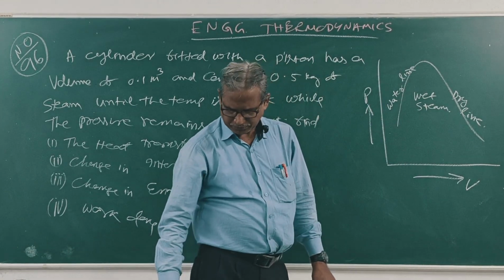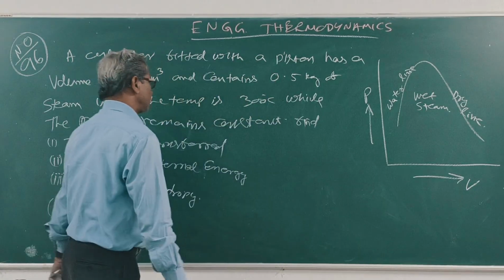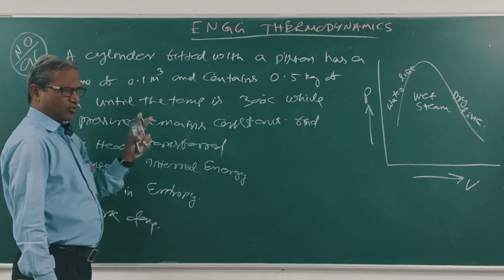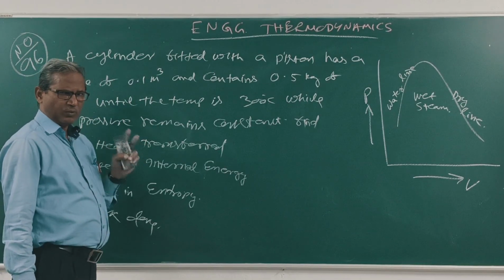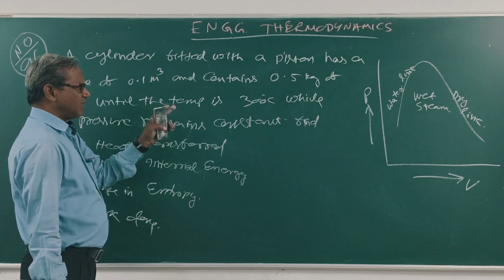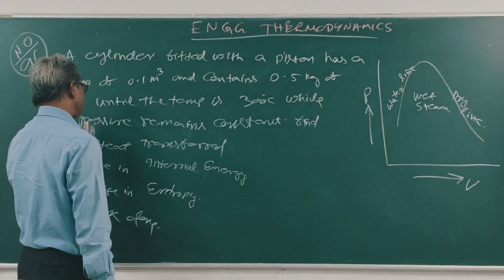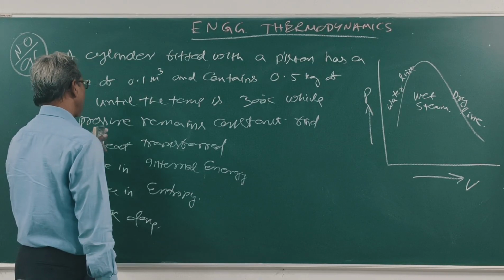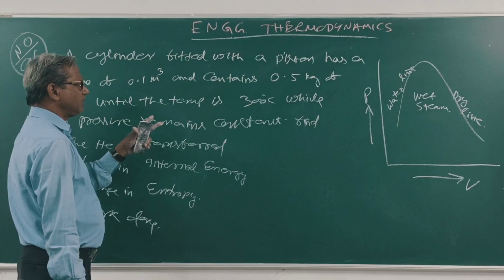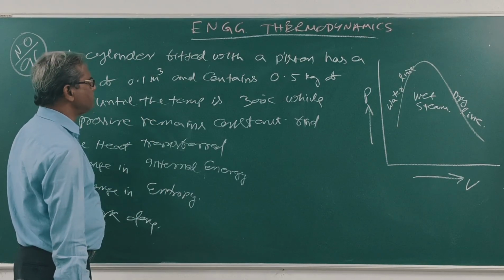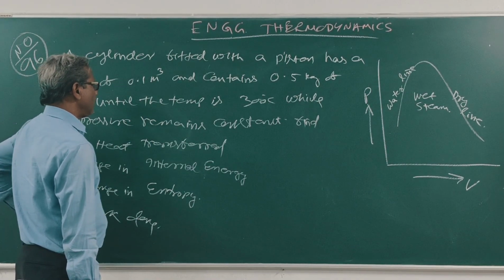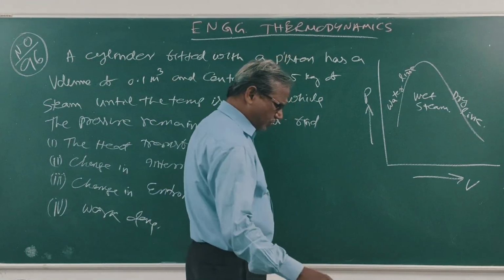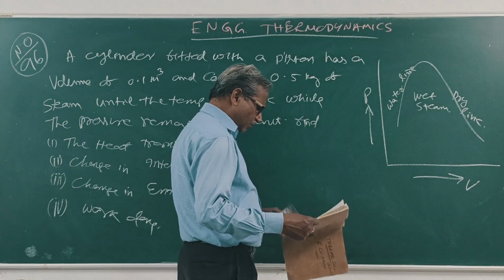Now, the question is: a cylinder fitted with a piston has a volume of 0.1 meter cube. Total volume, meter cube, not per kg, only meter cube means total volume. And contains 0.5 kg of steam at 0.4 megapascal.